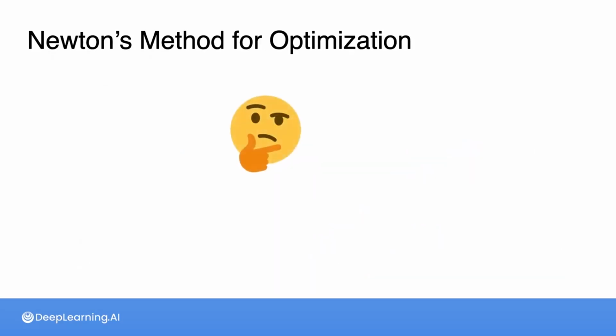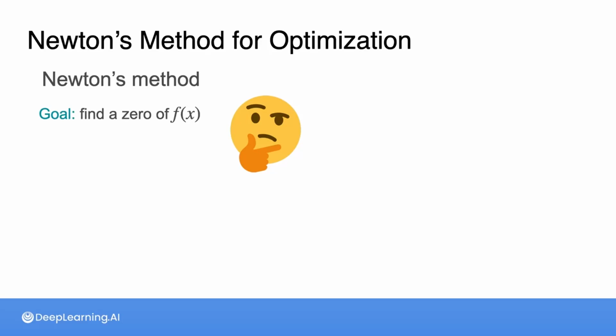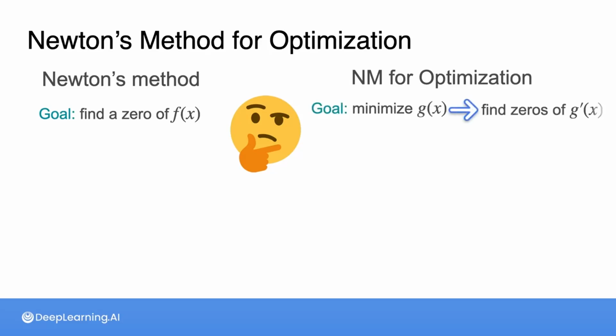Now the question is, how do you use that for optimization? Because remember, gradient descent found the minimum of a function. Newton's method is only finding the 0 of a function, not the minimum. Well, we simply remember that when you want to minimize a function g of x, you actually have to find the zeros of g prime of x. So if I can find the zeros of a function, I'm very close to minimizing it.